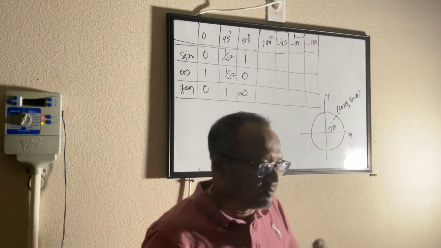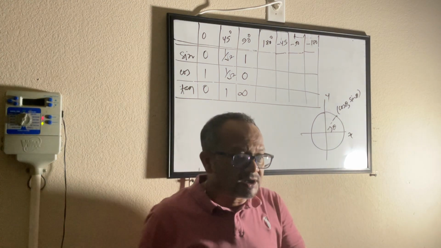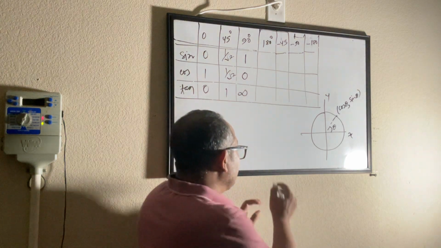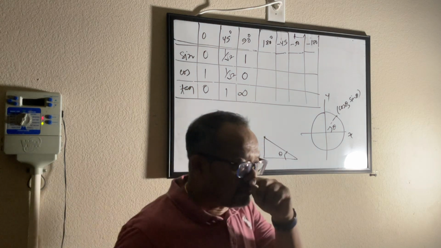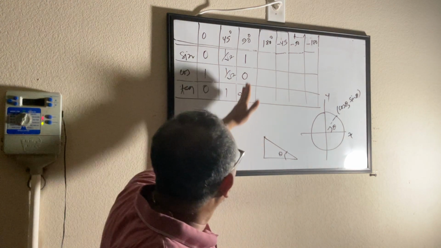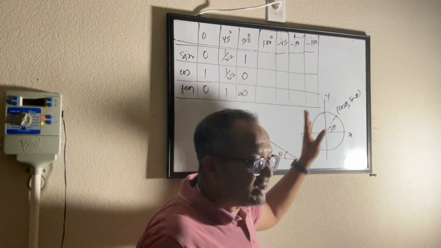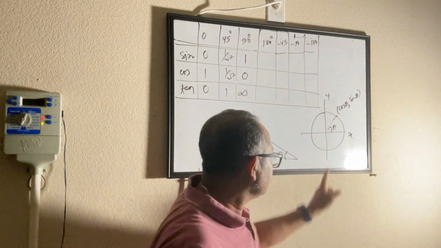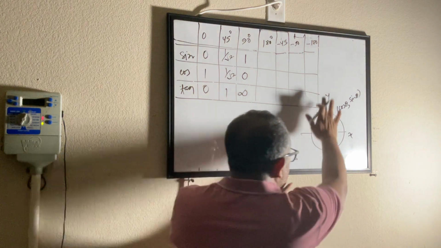But for most of you, if you recall, unit circle theorem helps us. If you are looking at a right angle triangle to find out the value of theta, you can only go up till 90. That's why I have filled the value till 90 only. But then, if you have to look at larger angles, this is where unit circle theorem comes into play. Okay? Visualize this as x and y coordinates.